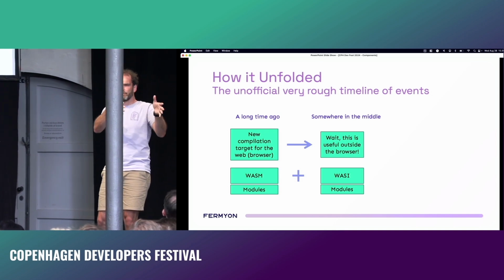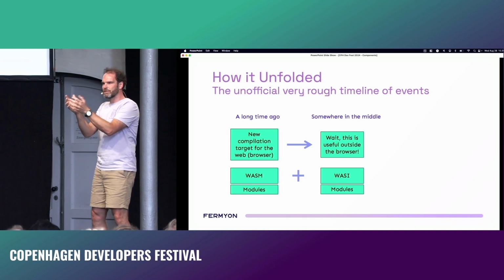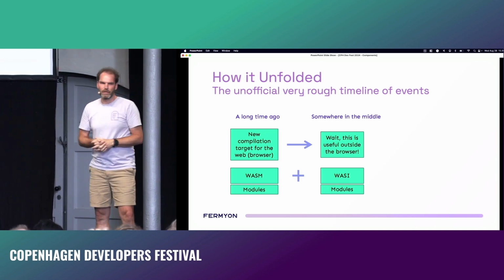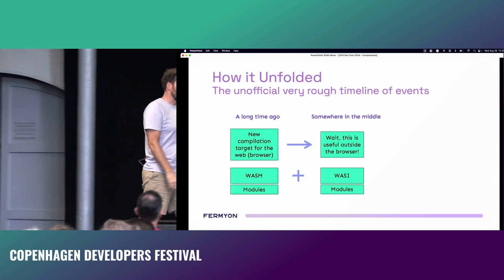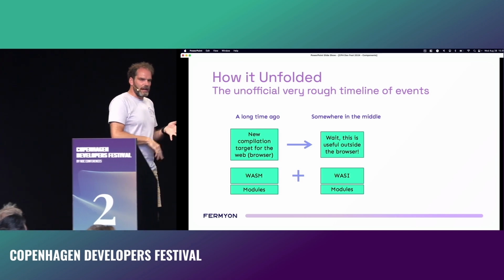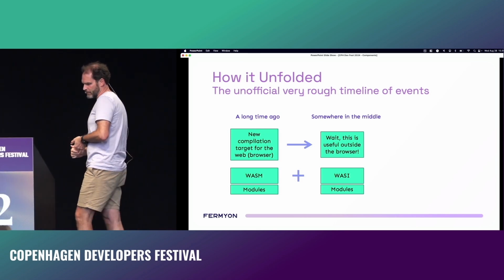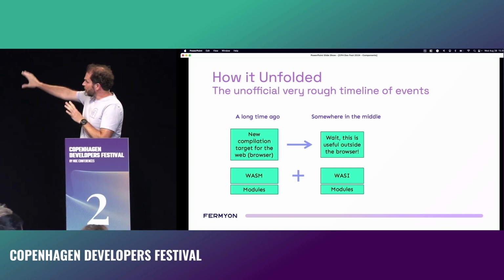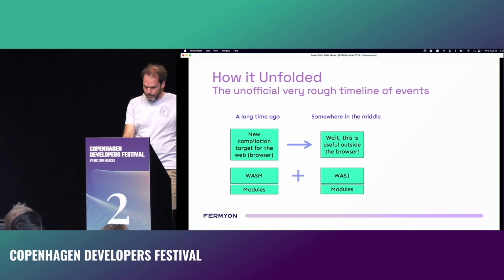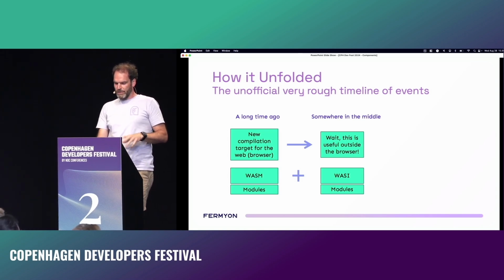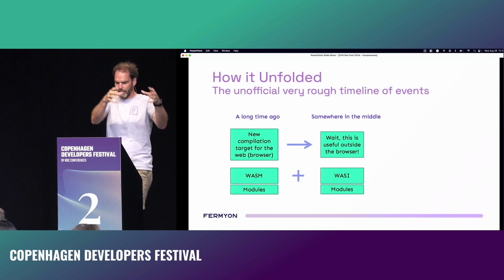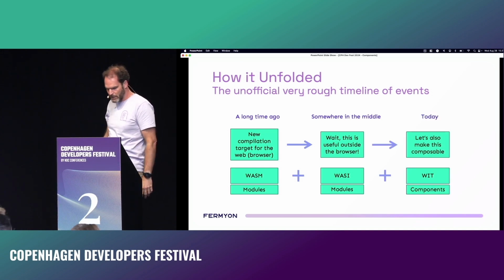So if you take a WebAssembly and you don't run it inside of the browser, what is the access to the outside world? And that is what WASI is trying to define. So you will see things like file systems, sockets, CLI environments, and those types of things. So that's what we got here, somewhere in the middle, and we're still building WebAssembly modules at this point, which means that we created a thing that could run by a WebAssembly runtime.